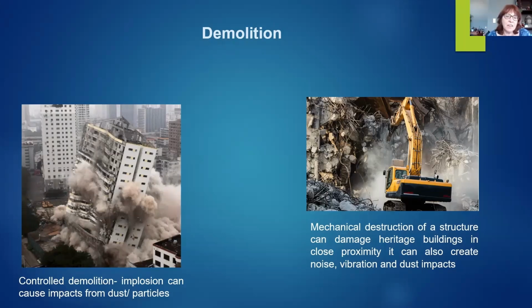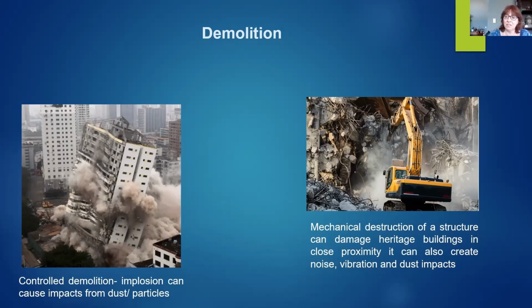On the left-hand side, controlled demolition, so implosion. When they do these properly, they are in a contained area. There is no physical damage, but one thing we could look at is that they could cause a lot of dust and particle exposure to nearby buildings. And if we do have a building that is susceptible to damage from activities like this, it will need to be identified.